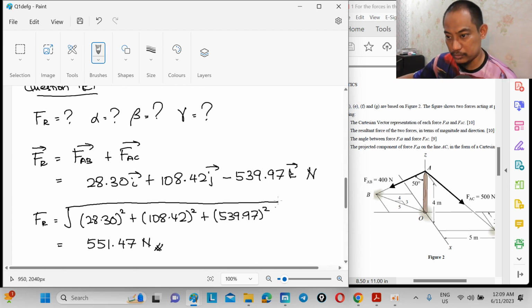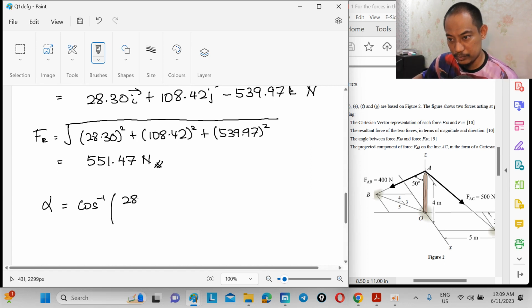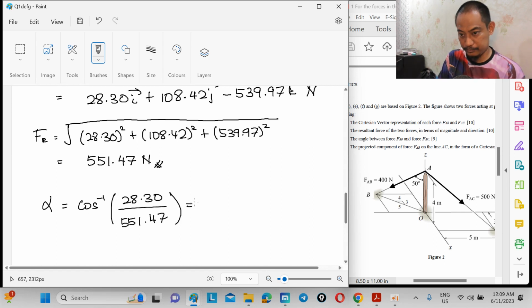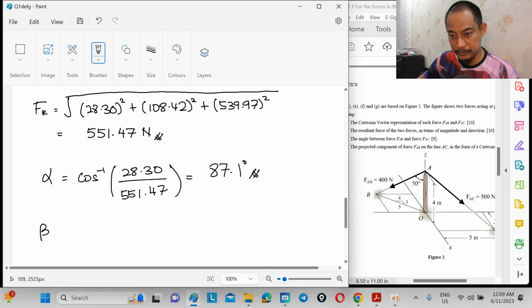So that's the magnitude. What about alpha? Alpha equals cos minus 1 of the x component, 28.30 divided by 551.47. So it will be 87.1 degrees. What about beta?